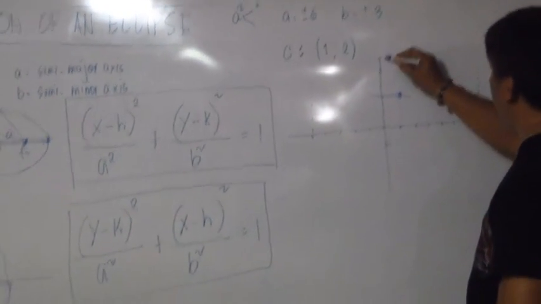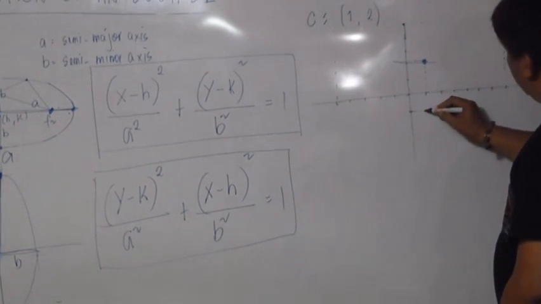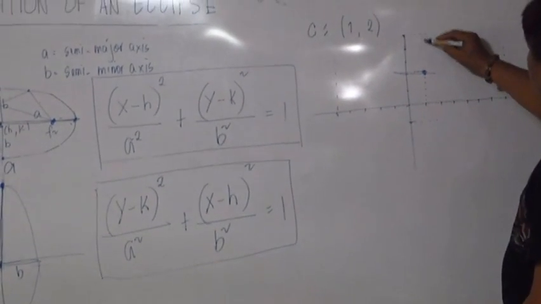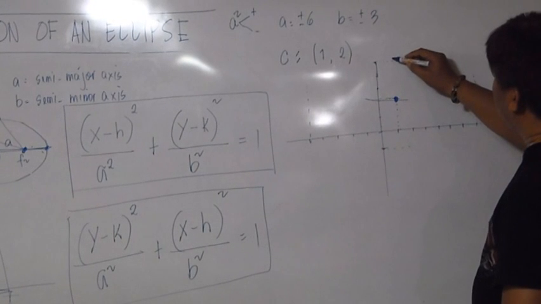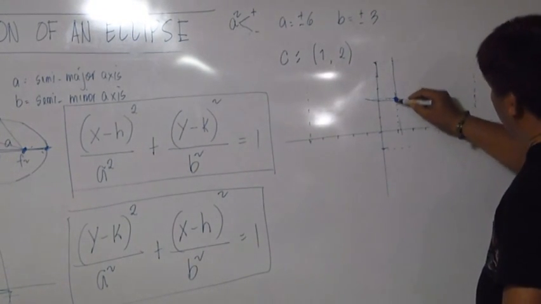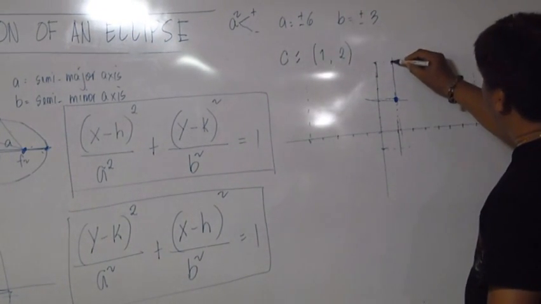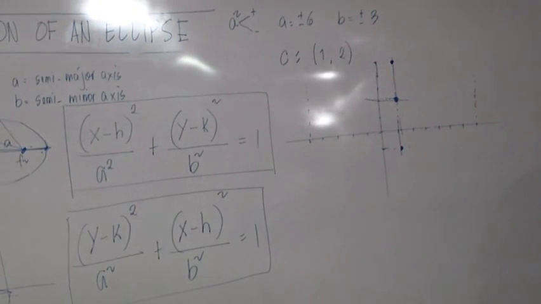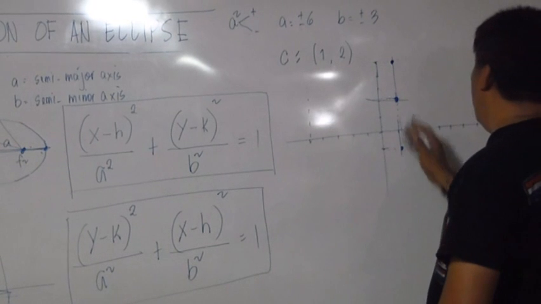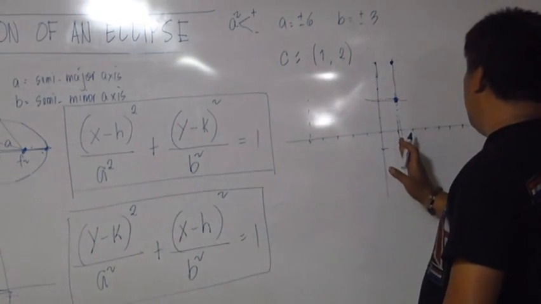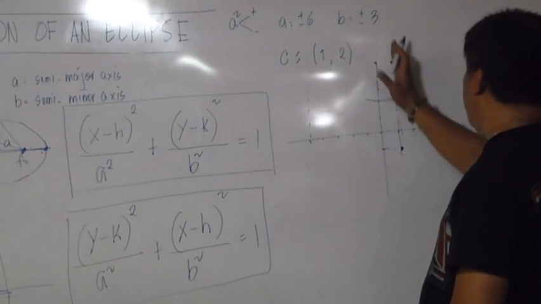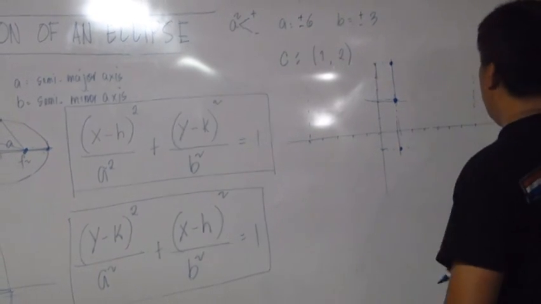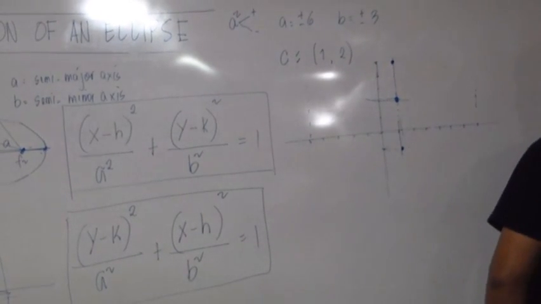So therefore, this is the point where the line through the center intersects the curve of the ellipse.